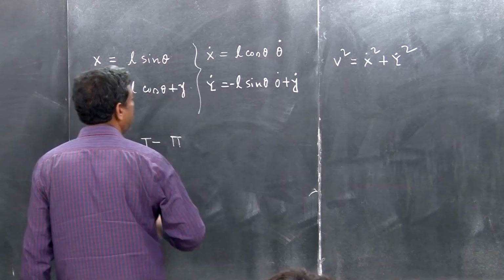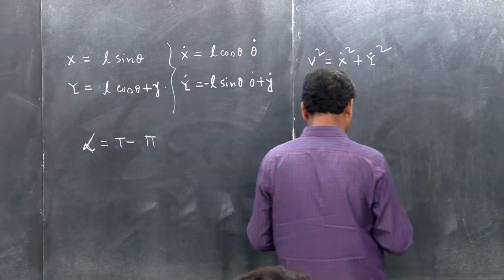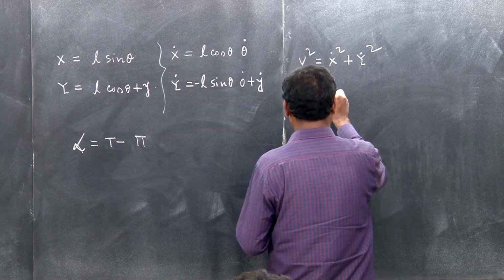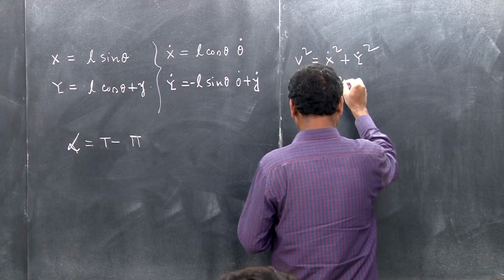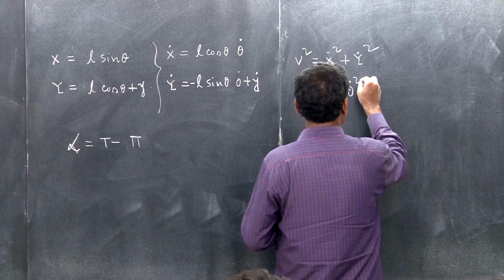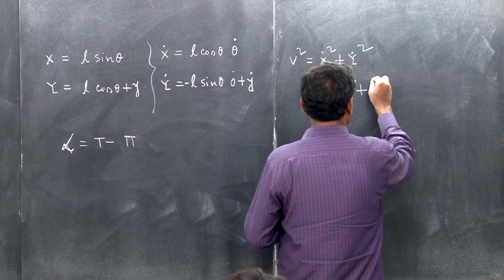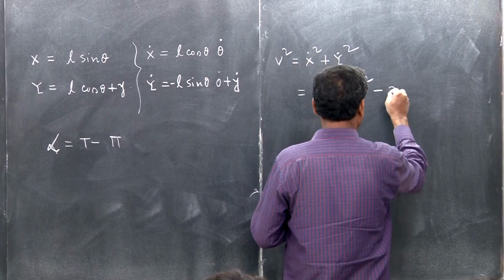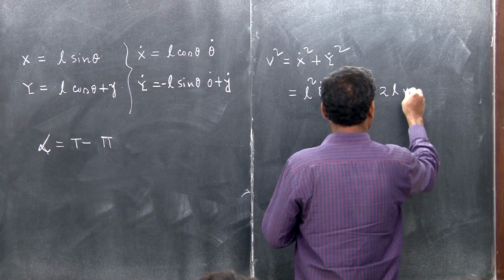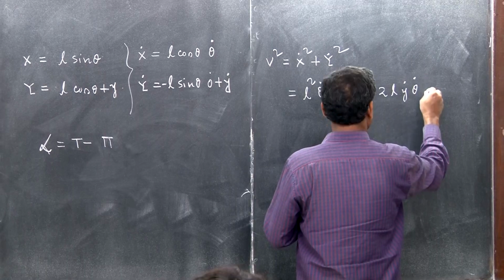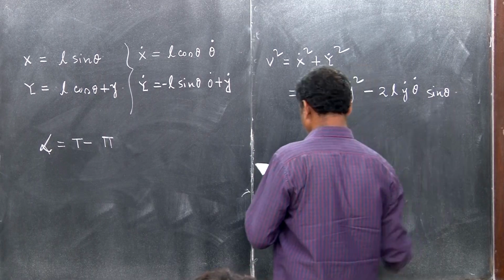Lagrangian, so x dot plus y dot. If you simplify, you will get L square theta dot square plus y dot square minus 2 L y dot theta dot sin theta.